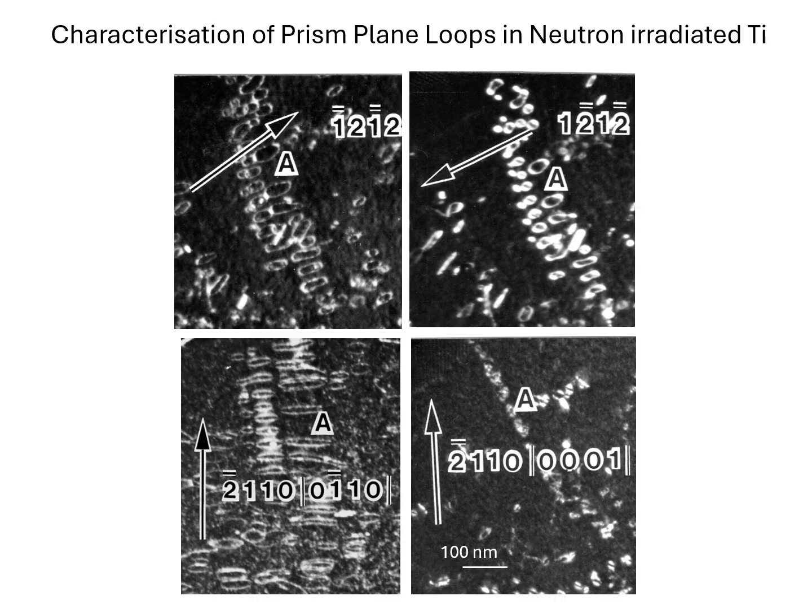But I can also deduce what the character is by doing that G dot B analysis I just showed you, and this just shows a typical set of images one would use to do that.